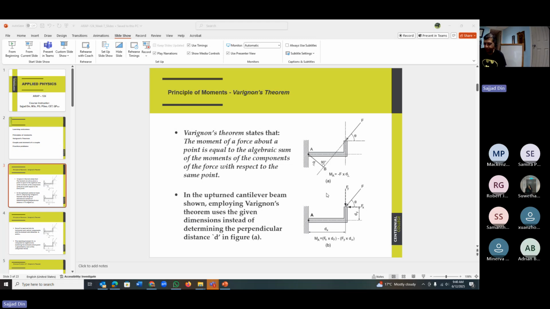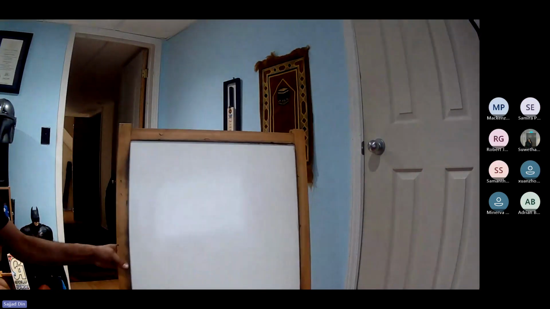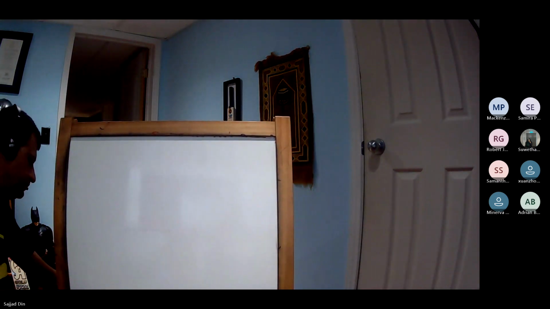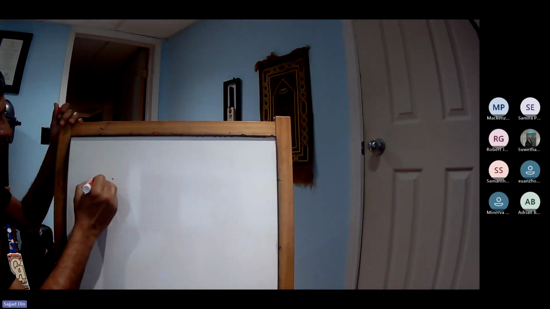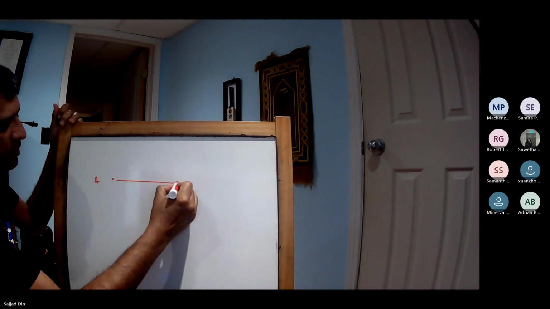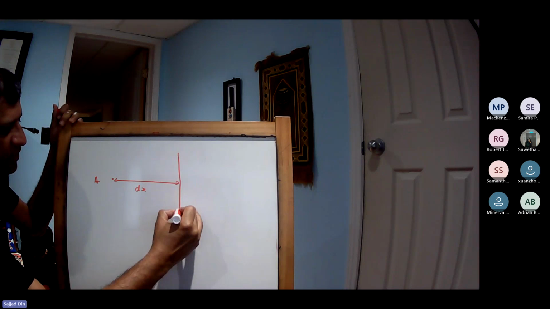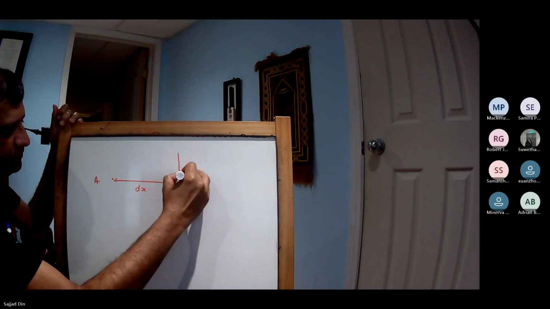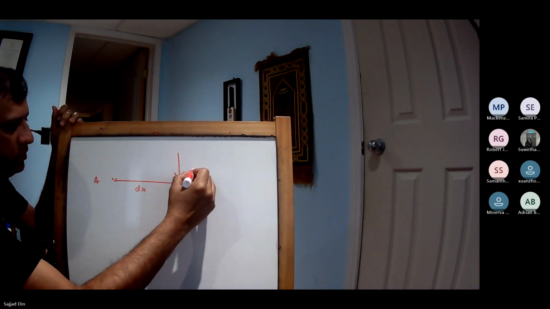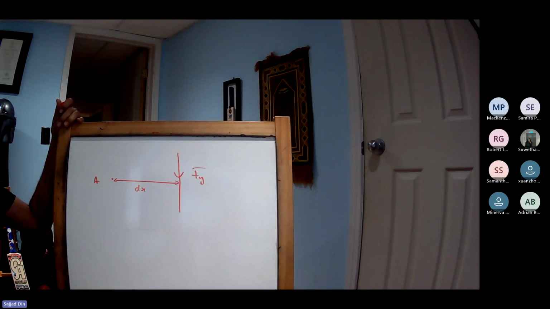This is important, and I'm going to take a moment here to point it out. In this case, you're trying to calculate the moment around A. The distance is dx, and your force that you're using to calculate the moment is Fy.